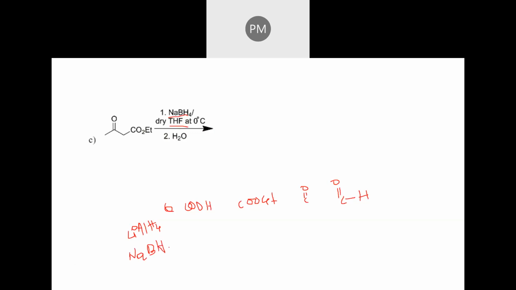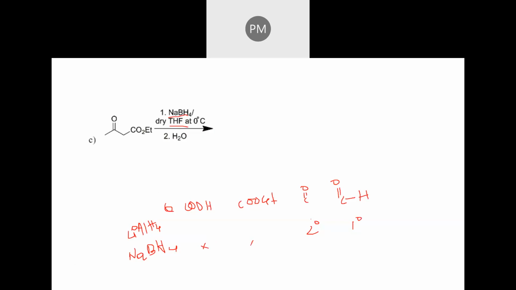LiAlH4 reduces any carbonyl center or any center, but NaBH4 only reduces ketones and aldehydes. From a ketone we get a 2-degree alcohol, and from an aldehyde we get a 1-degree alcohol, and there will be no reaction for the acid.